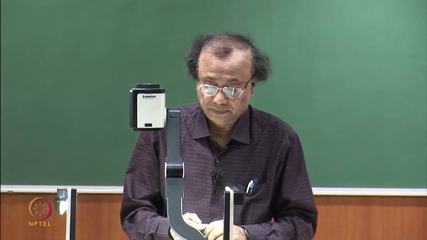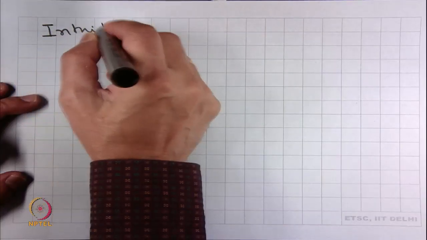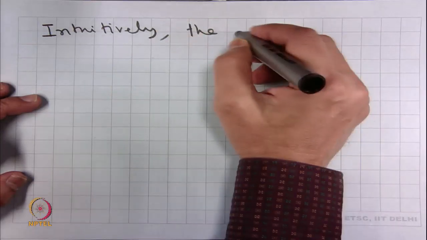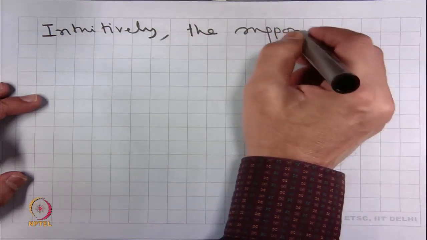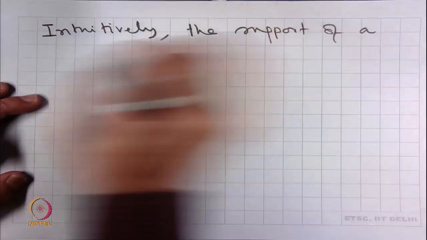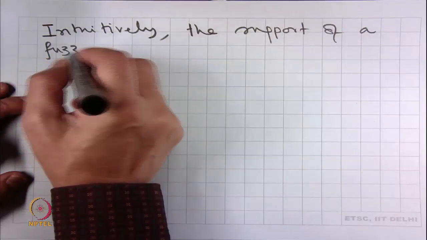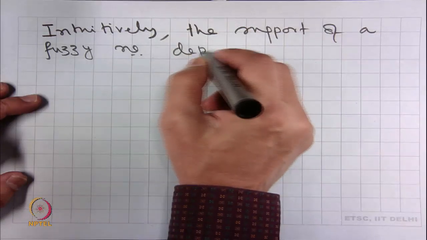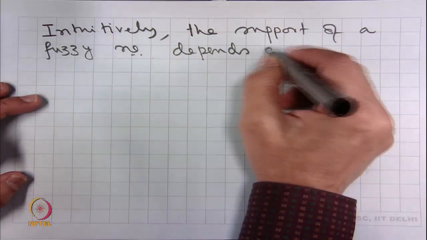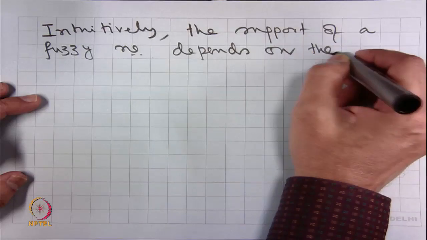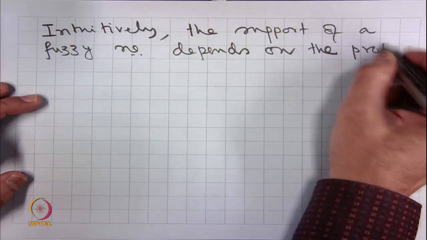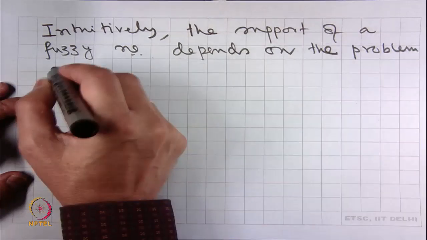Intuitively, the support of a fuzzy number depends on the problem we are dealing with.